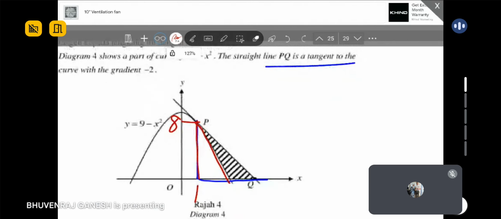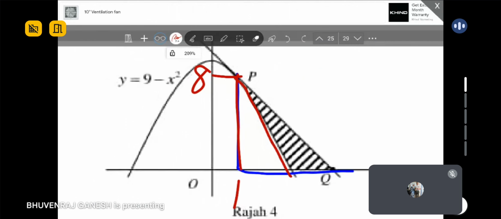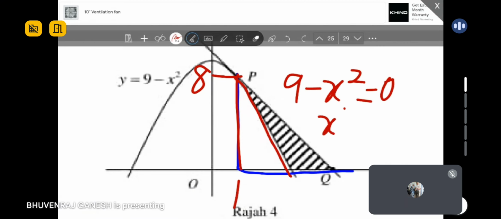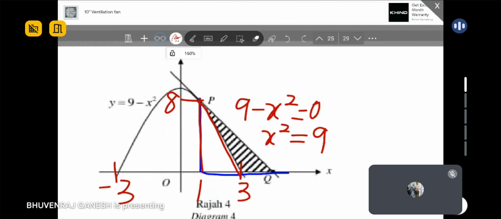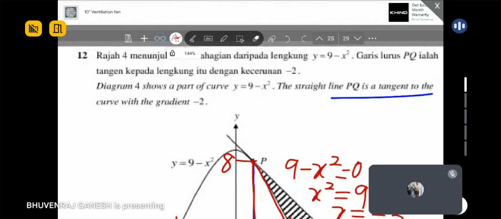Okay, first step, you can find the x-intercept of this curve. Cari pintasan x. Okay, so 9 minus x square equals 0. So you will have x square is 9. So you will have 3 and negative 3. This is the value. Ini nilai dia untuk pintasan x. Okay, and then you have to find the q. Soalan ada bagi tahu.